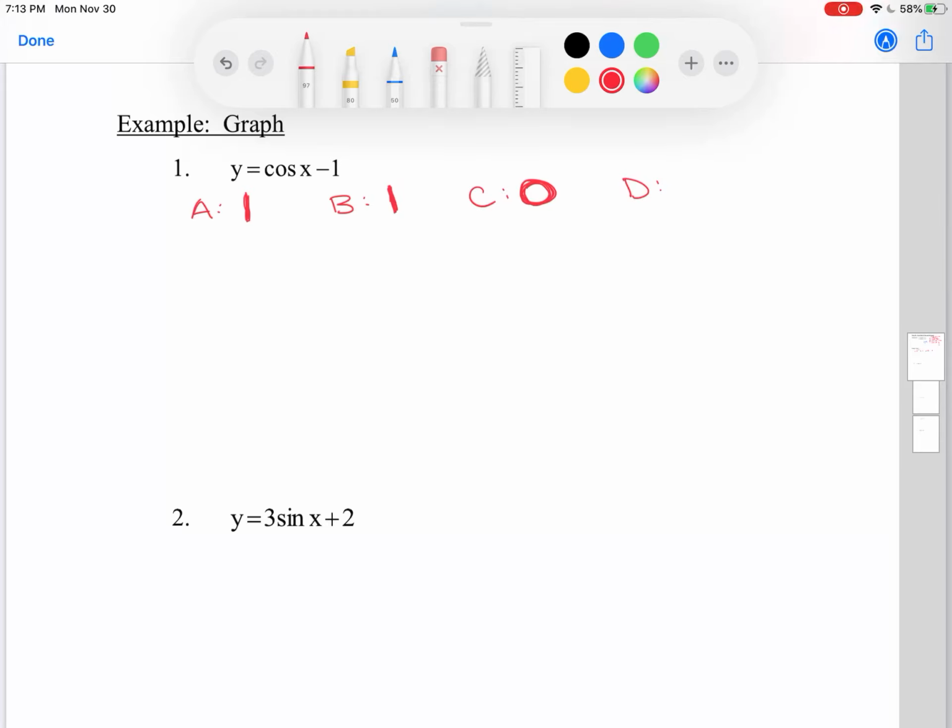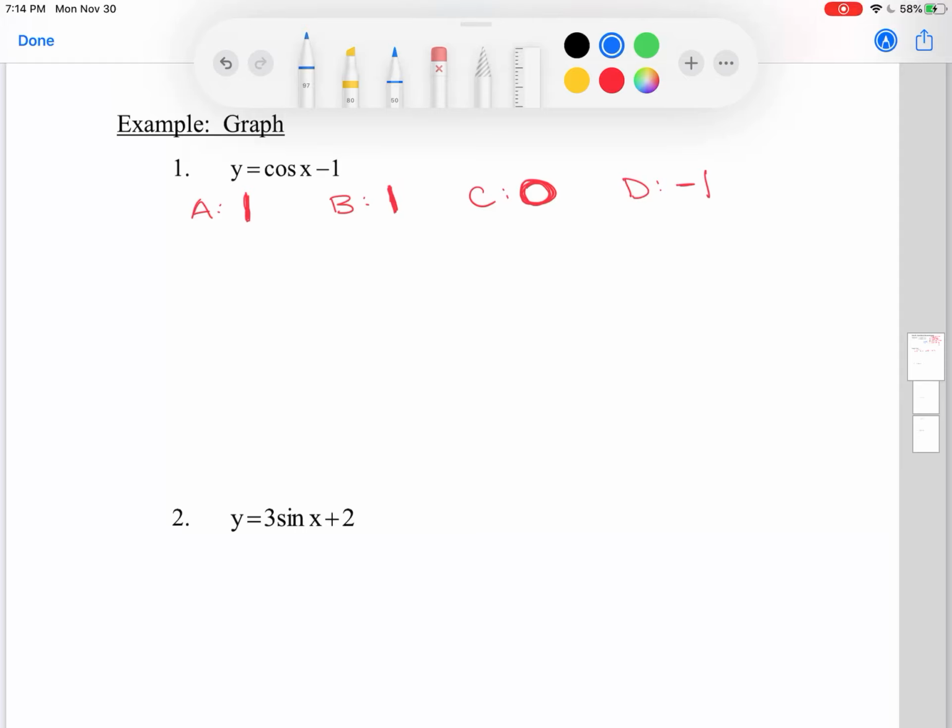And last but not least, the D value is going to be at the end. Since there were no parentheses, we know that that minus 1 is going to be that value. We will take it as is. The only thing that comes out as the opposite is our C value. So make sure that minus does come with the 1.